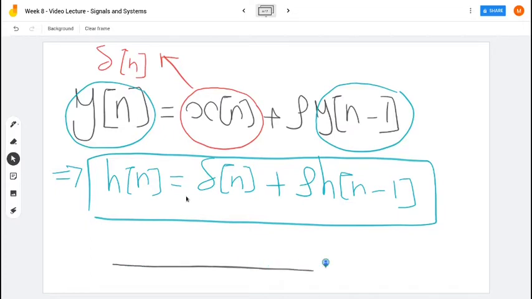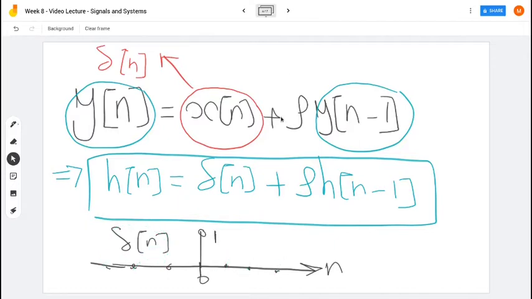The impulse function is simply having the value of 1 at instant 0 and having the value of 0 elsewhere. This is delta of n. So when I ask you for the value of this function, delta of n at instant 0, it's 1. And the value of this function, delta of n, for any other time instant, it's simply 0.